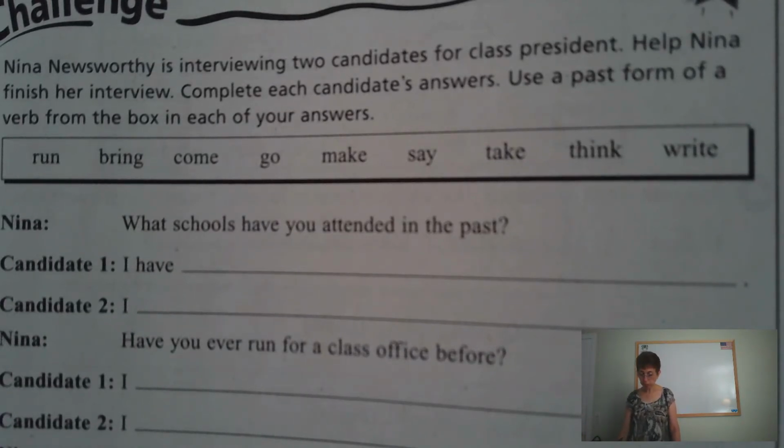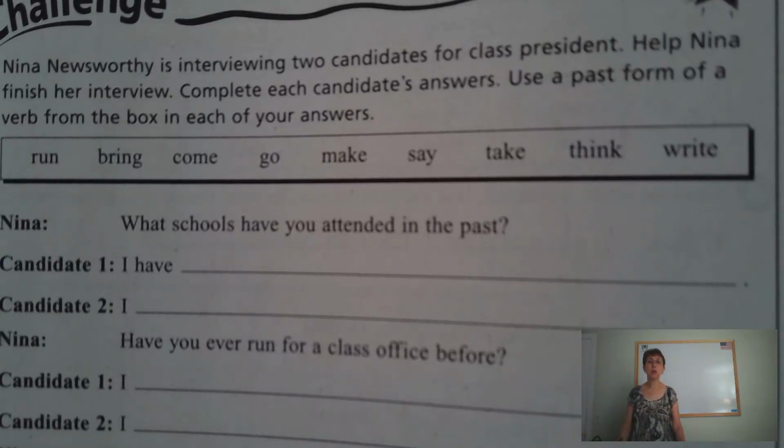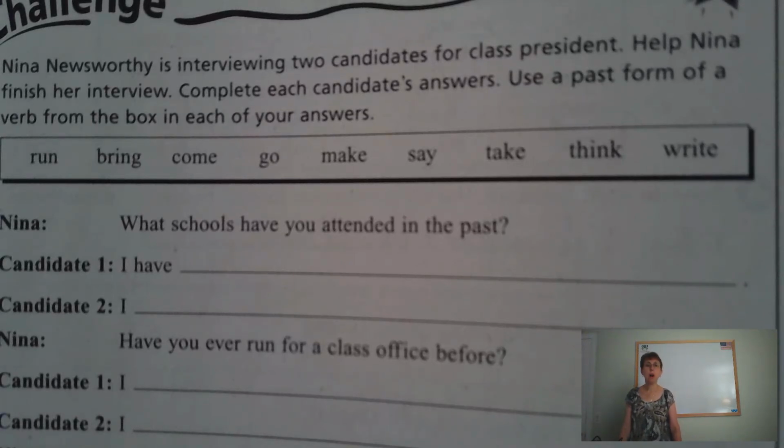So I have what? Talking about schools that you have attended in the past. So we have to use one of the verbs from the top. So if I'm talking about a school that I went to in the past, I might say, I have, and what? I have run, I have brought.